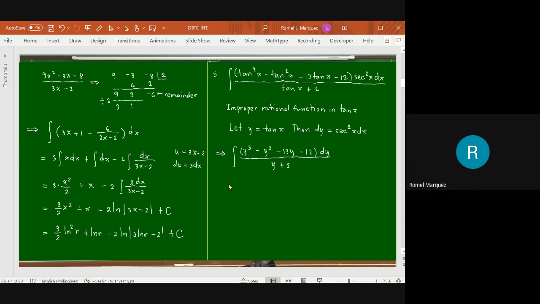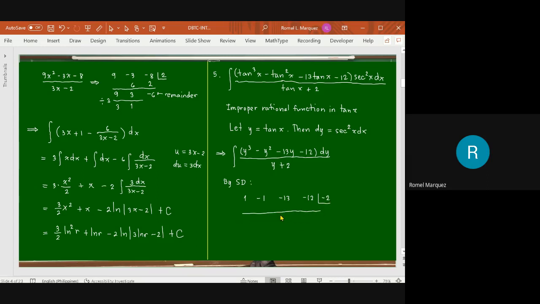Okay? Let's apply synthetic division. By synthetic division, we have 1, negative 1, negative 13, negative 12, and our multiplier here is opposite in sign to the constant 2, so negative 2.